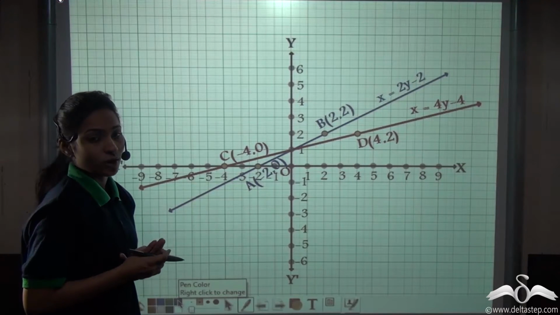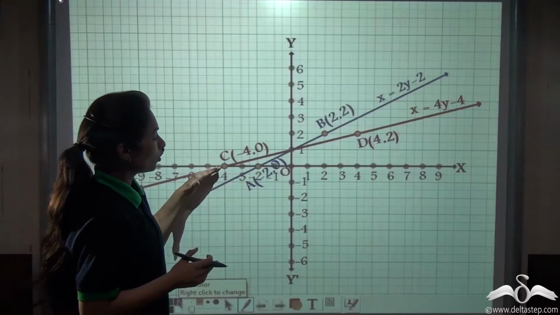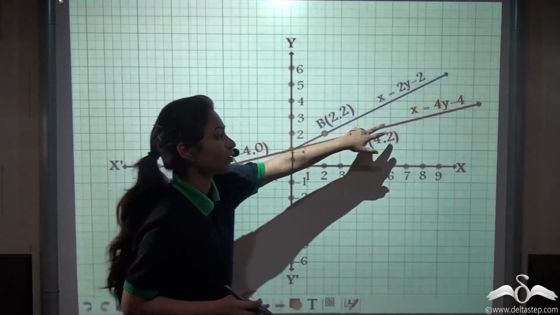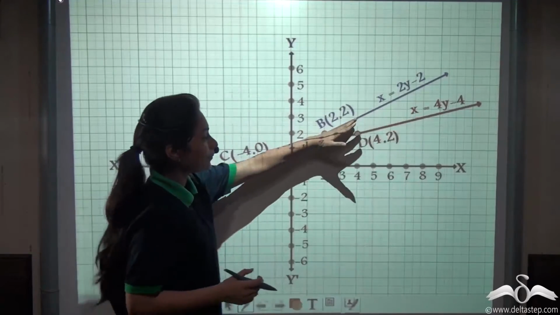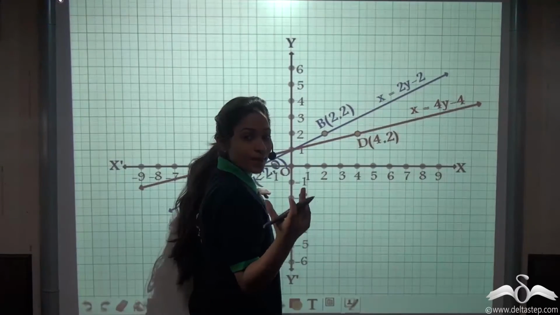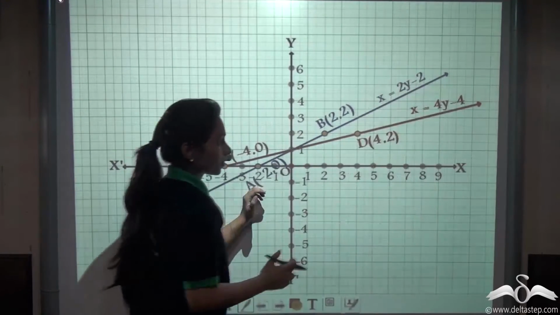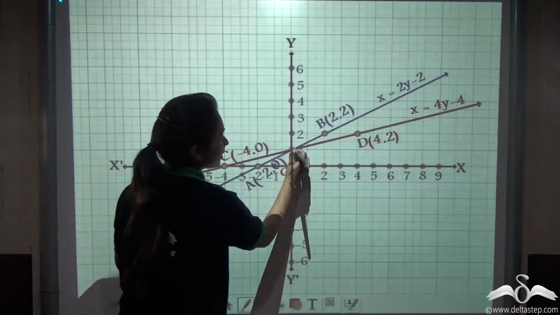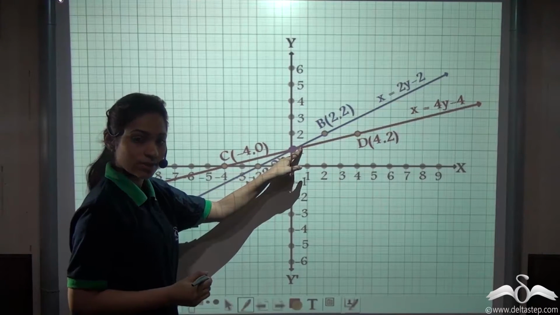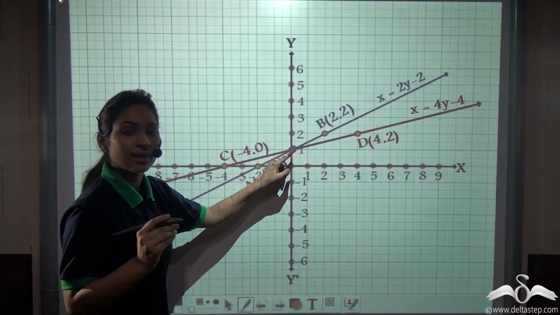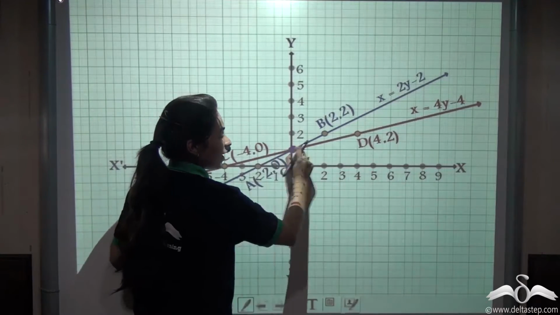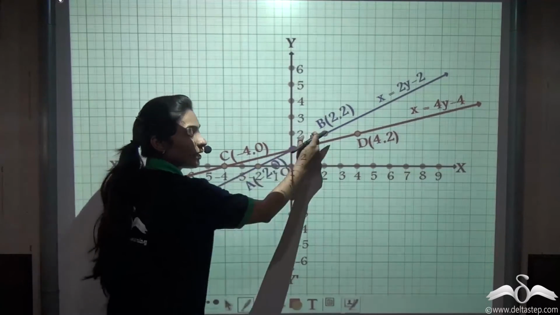Well, first of all, recall something. You know that any point that lies on this red line will show the solution for this equation, and any point which lies on this blue line will represent the solution for this equation. So if any point, say this point, lies on both the lines, that means it is the solution for the red line as well as for the blue line.